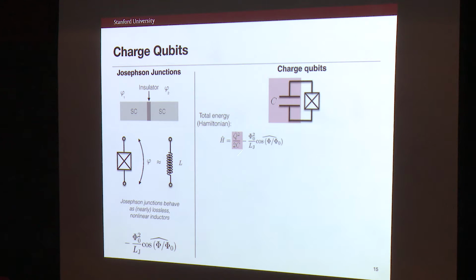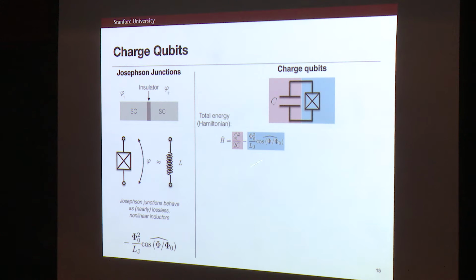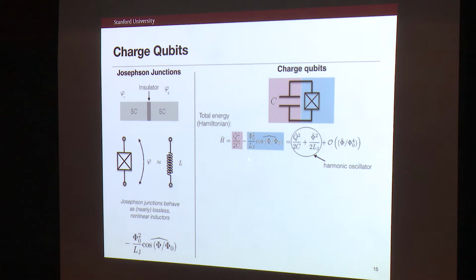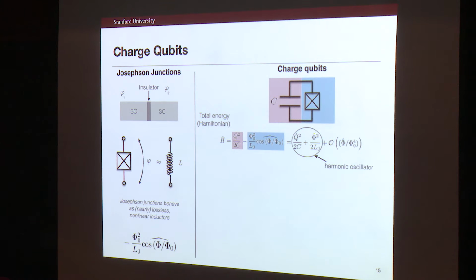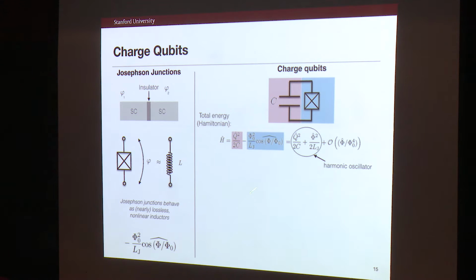There's that charging energy, Q squared over C. There's this Josephson energy, and we can expand this Josephson energy to some low order, up to second order, and this effectively acts like a harmonic oscillator.